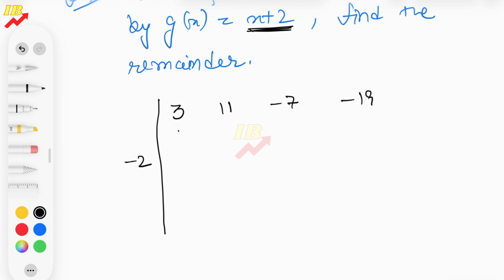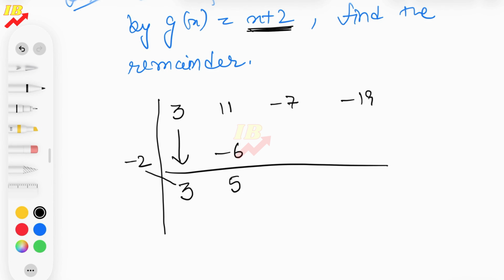So we'll do the same thing: the first step will come out as it is, like 3 will remain as it is here. Then you take negative 2 times 3, which gives you negative 6, right? Always multiply these two. We are going to multiply these two every time. So it's negative 6, and 11 minus 6 gives you 5, right? Again we'll multiply negative 2 with 5, so it gives you negative 10.